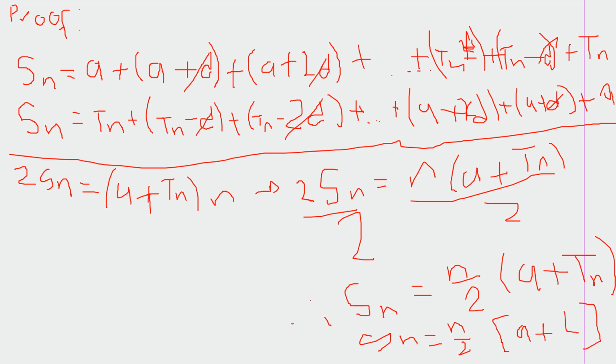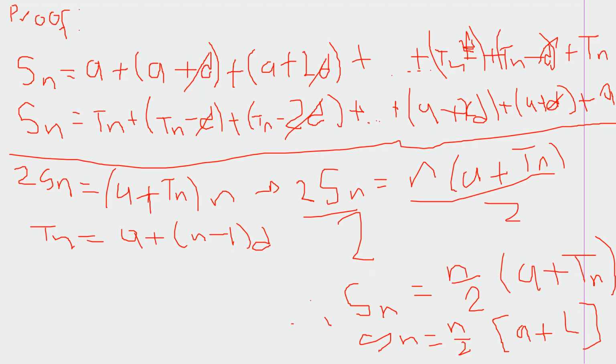But at the same time, we also know that Tn is equal to a plus n minus 1 all multiplied by d. So you can also plug in a plus n minus 1 all multiplied by d in place of Tn.